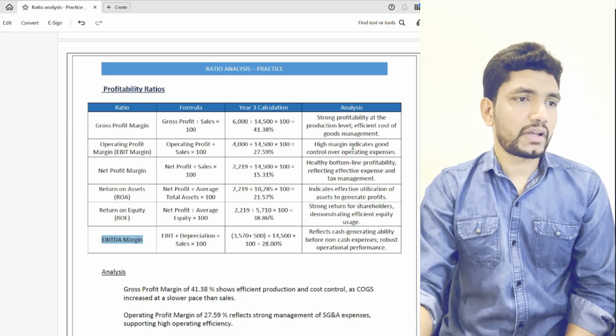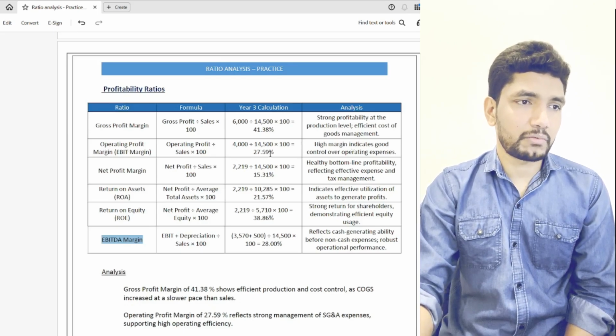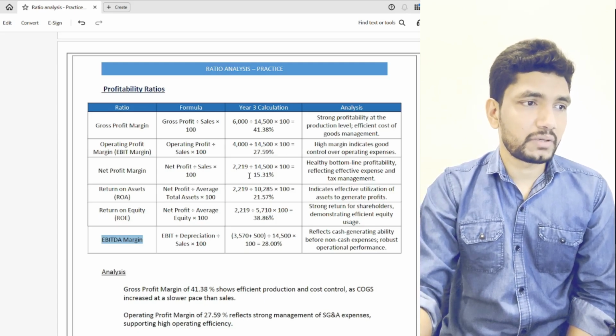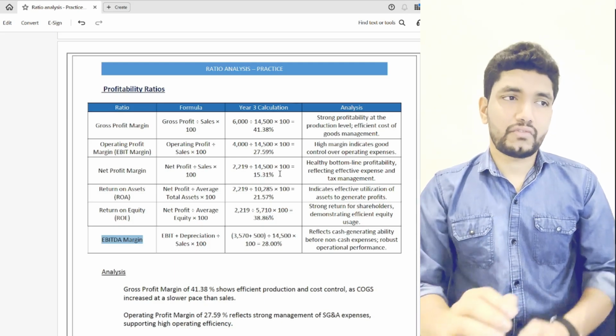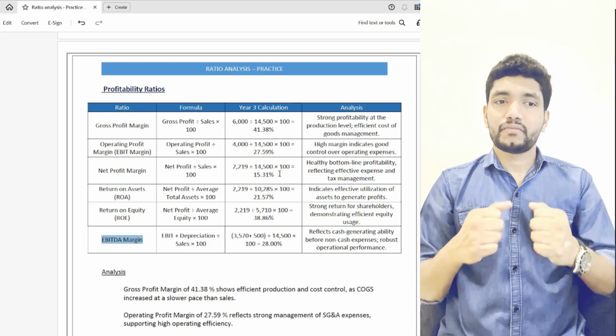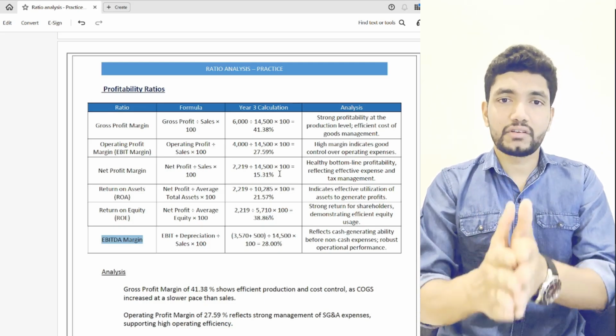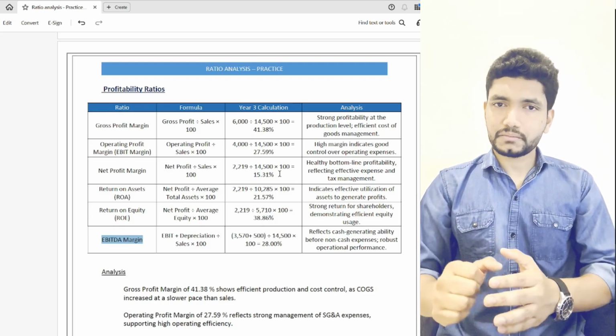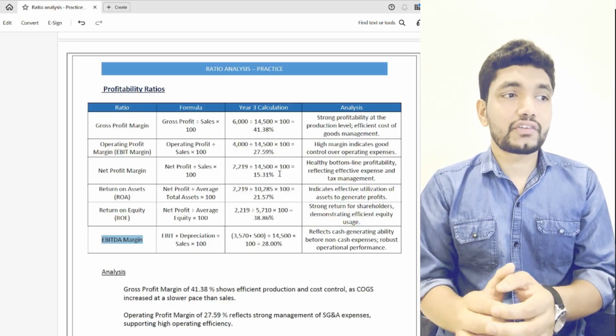The operating profit margin is 27%, and the net profit margin is 15%. So we calculate by comparing with the sales value how much proportion of sales is gross profit, how much is operating profit and how much is net profit.